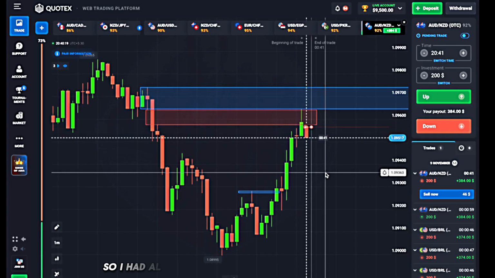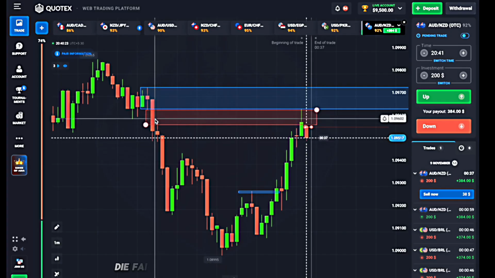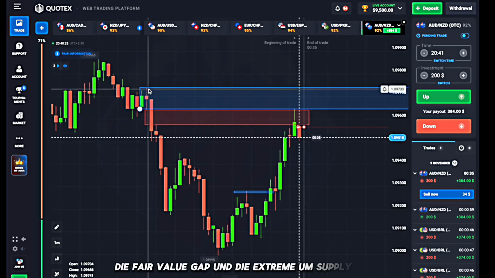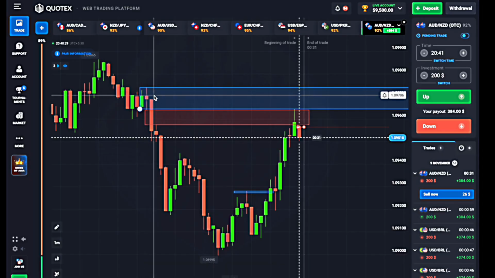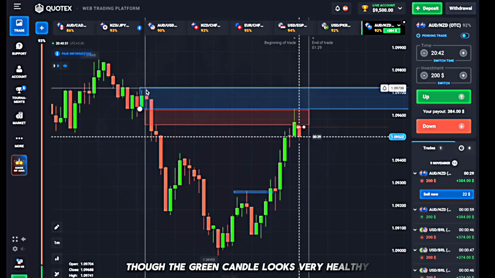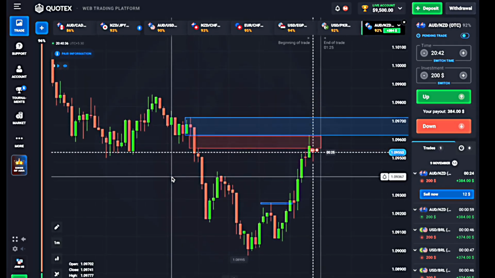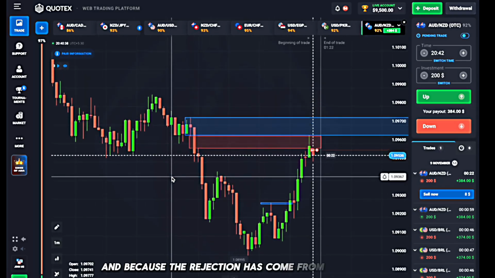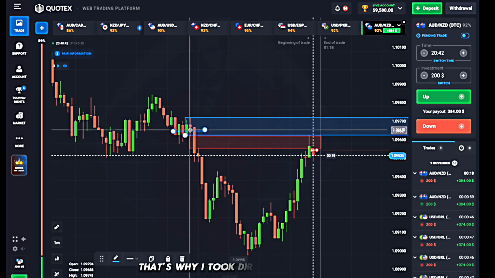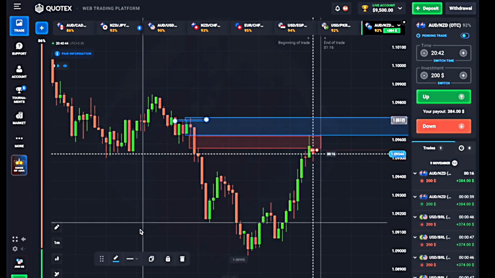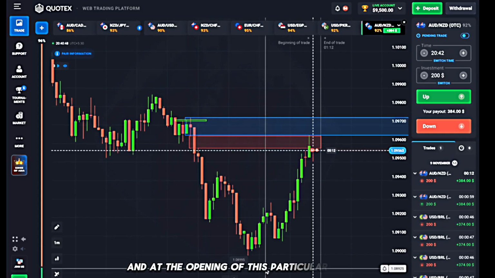So I had already marked my supply zone here, correct? The fair value gap and the extreme supply zone. That's why, right after a green candle, though the green candle looks very healthy, because the market major trend is downtrend, and because the rejection has come from our extreme supply zone, that's why I took direct put entry trade after the closing of the green candle and at the opening of this particular candle.